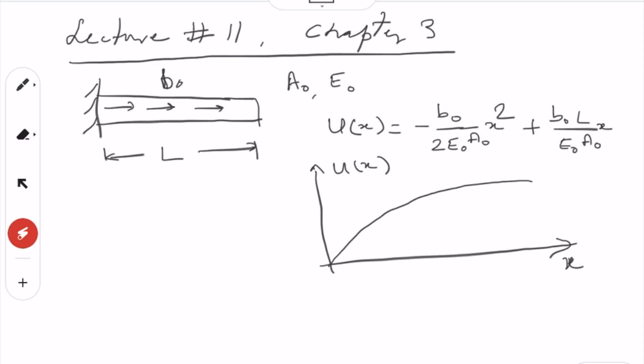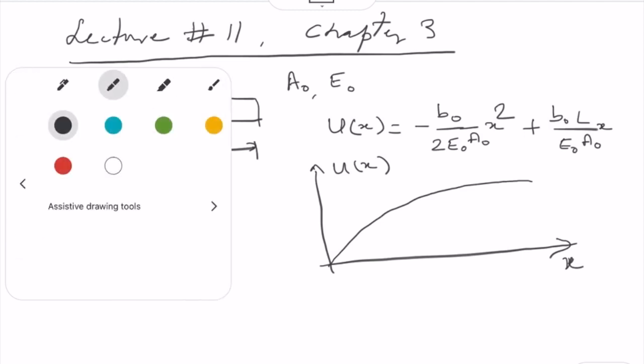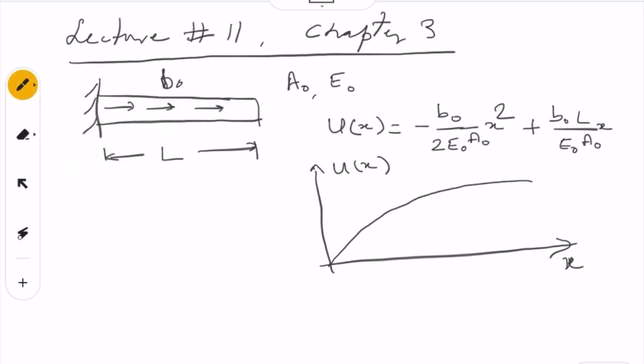Okay, now the question is, if we want to have some approximate solution, let us say we want to approximate it as something like this. So we want to find a solution which is like this one. Let's call this the approximate solution.